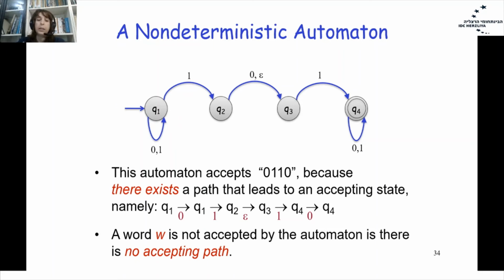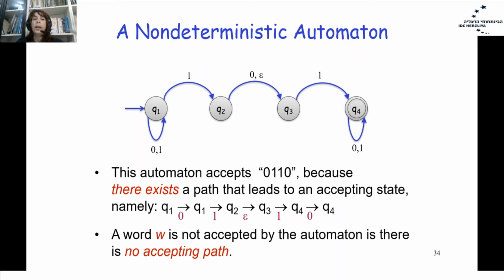Let's see the path. Q1 on 0, we can stay in Q1. Q1 on 1, we can move to Q2. In Q2, we can jump with an epsilon transition to Q3. Q3 on 1, we can continue to Q4. Q4 on 0, we stay at Q4, which is an accepting state. Therefore, the word W is accepted by the automaton.